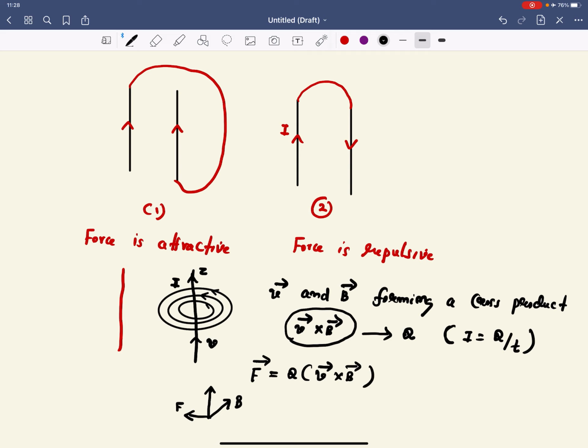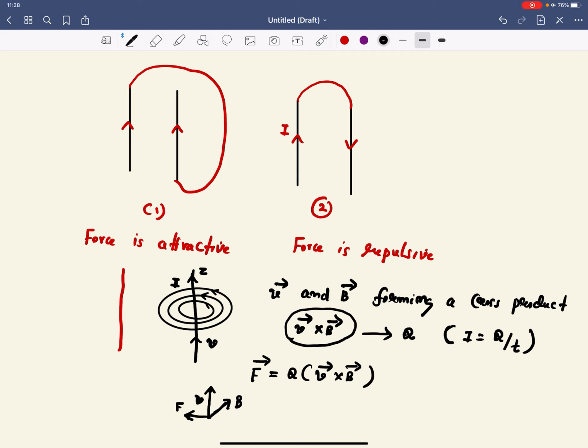So now you understood the reason for the attractive nature of two parallel currents. The direction of current is along this way, so this is the direction of velocity, and the magnetic field is this way. And the cross product is along this direction.